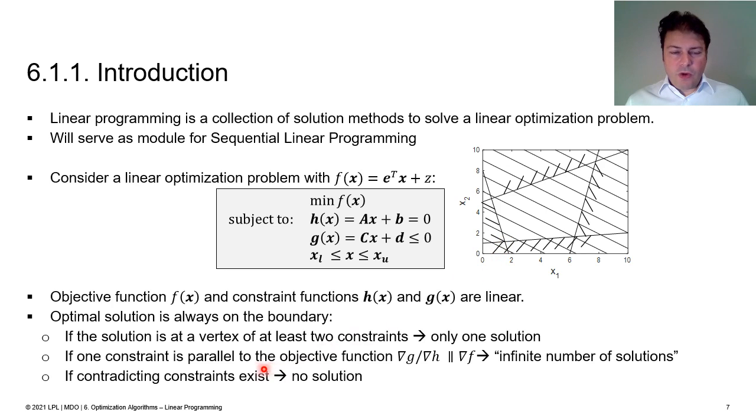Or if one constraint runs parallel to the contour line of the objective function, then you have an infinite number of solutions. So in this case, the problem would not be well posed. Also, if you have contradicting constraints, then you may end up with no solution, which also means that your problem is ill-posed.